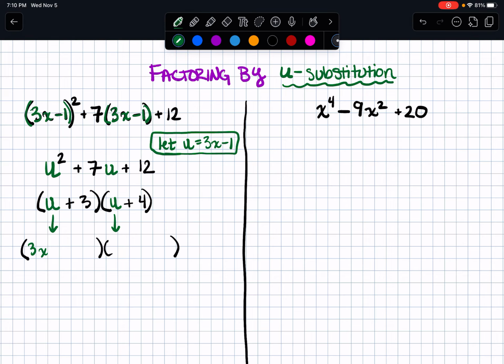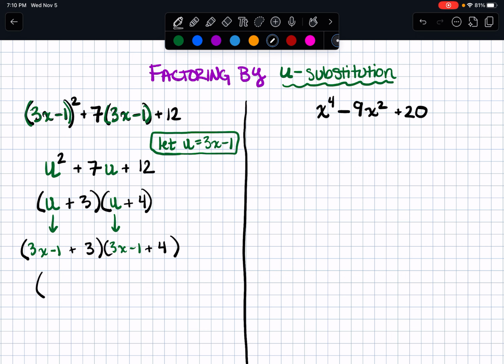So if all of my u's become 3x minus 1, then I have 3x minus 1 plus 3, and 3x minus 1 plus 4, and now we can see at this point we have some like terms within our factors that we could combine.